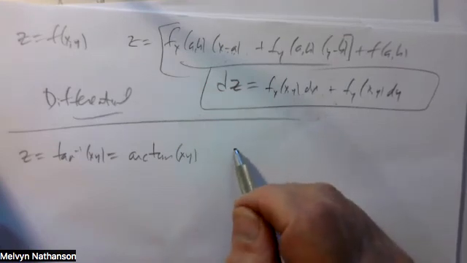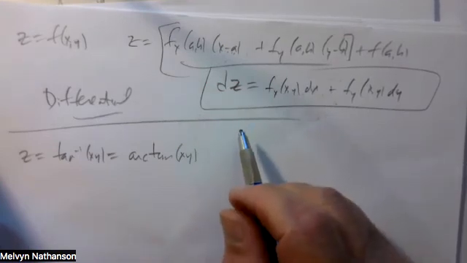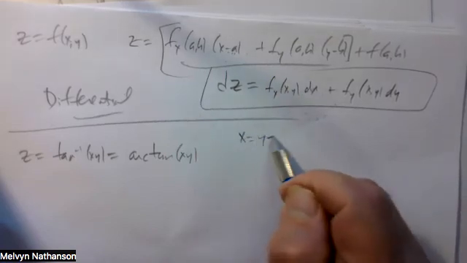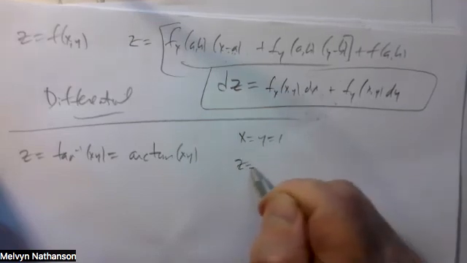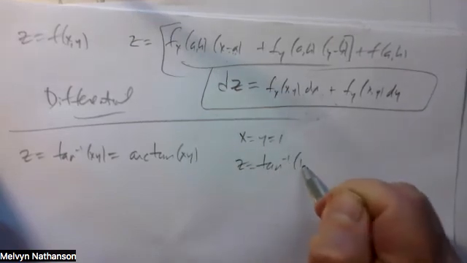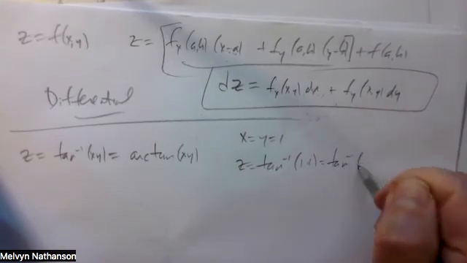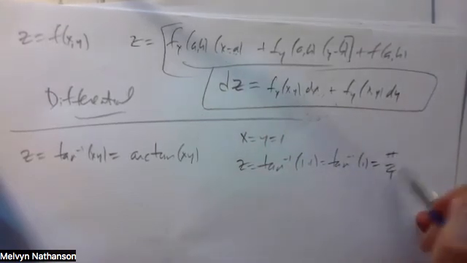If we take the point x equal y equal 1, z is the inverse tangent of 1 times 1, which is the inverse tangent of 1, which is pi over 4.